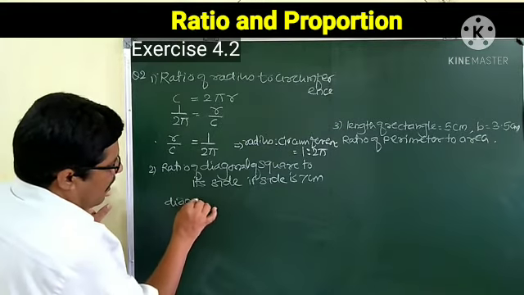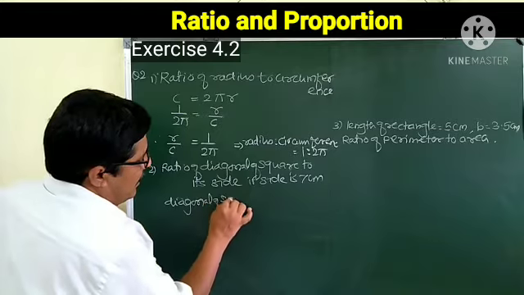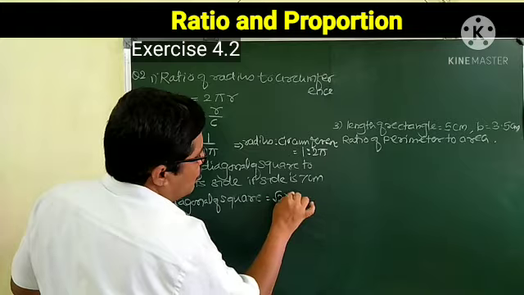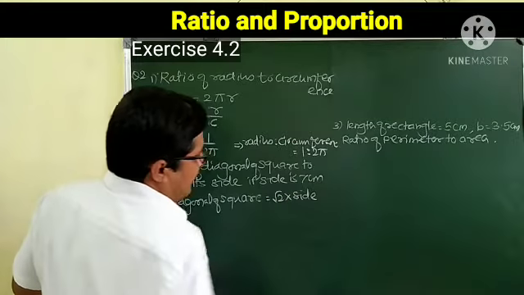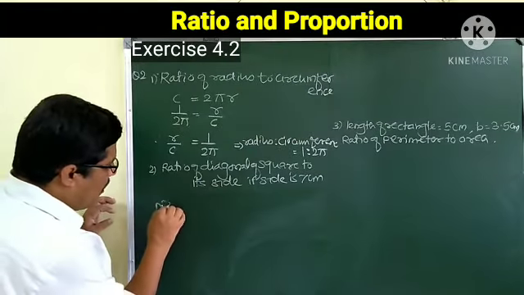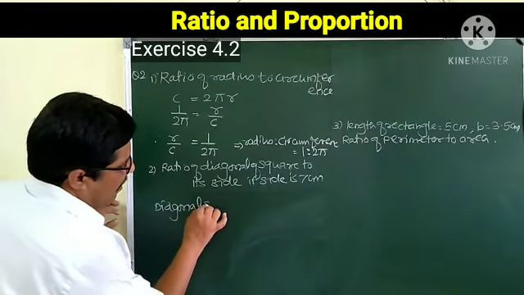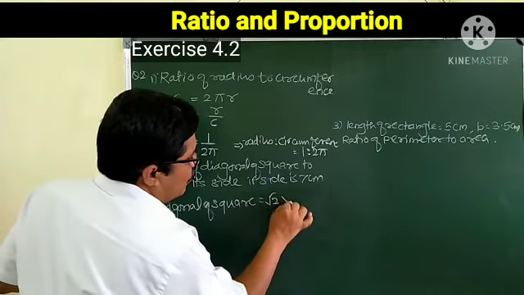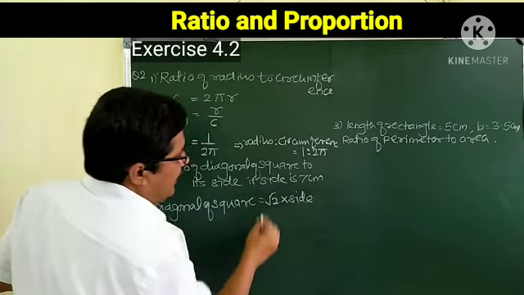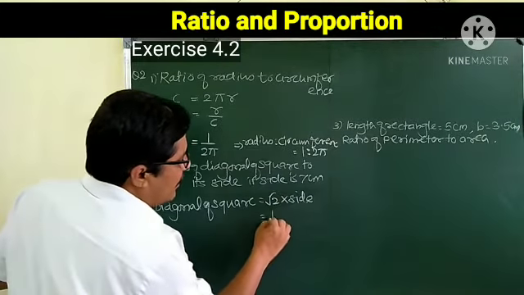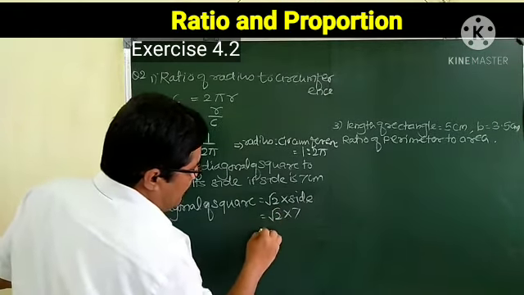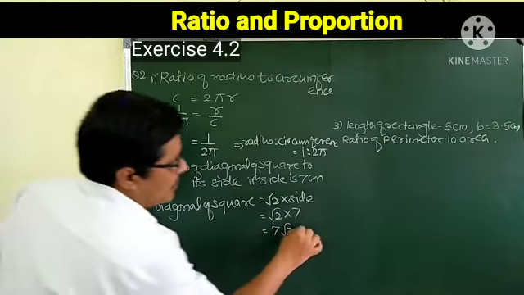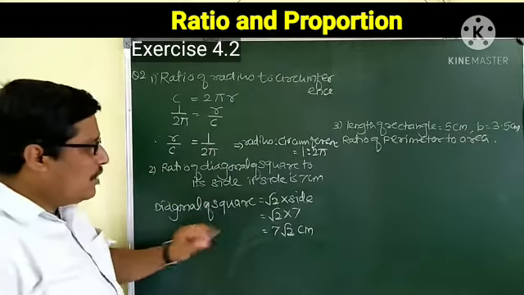Diagonal of square is equal to root 2 into side. If we place the value 7 here, so root 2 multiplied by 7, that is 7 root 2. This will be the diagonal of square.